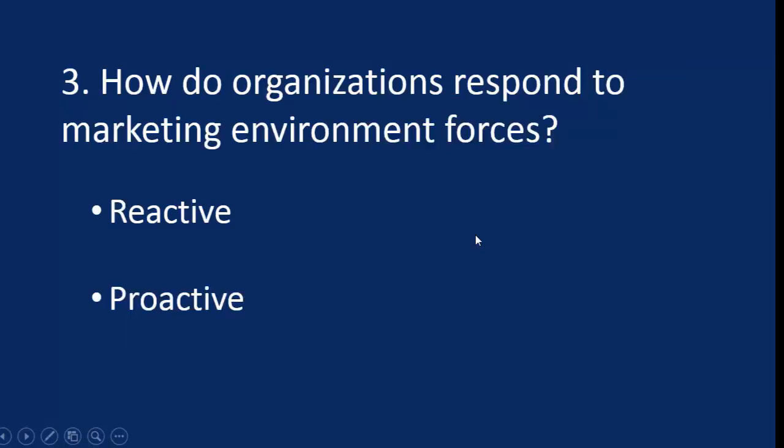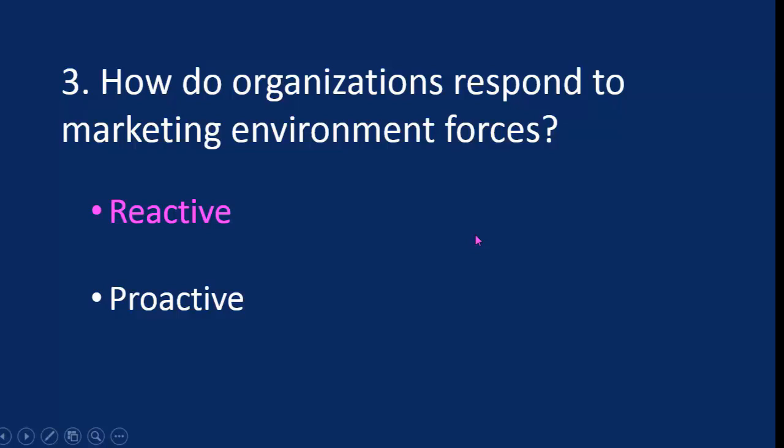So let's think about how businesses react to environmental forces. And as you can see, there are a couple of ways. Some businesses will react to changes in the marketing environment using what we call a reactive approach or framework.